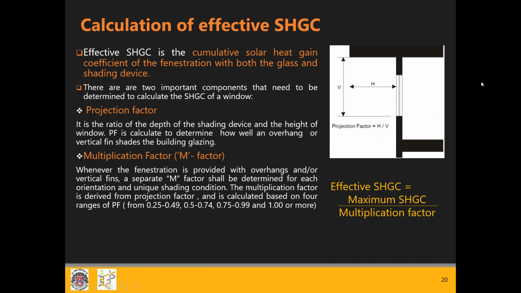If you see this section here, whenever you calculate SHGC, you have to calculate the effective SHGC. Effective SHGC is a combination of the assembly and the shading provided by any shading element, if there is any.